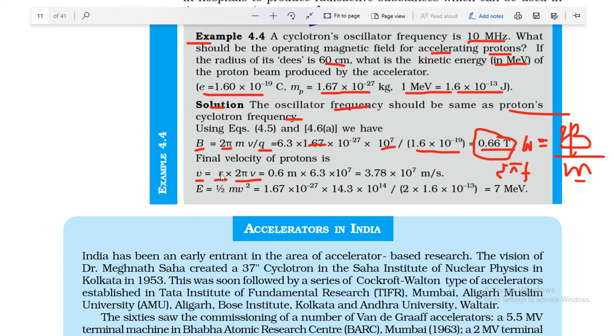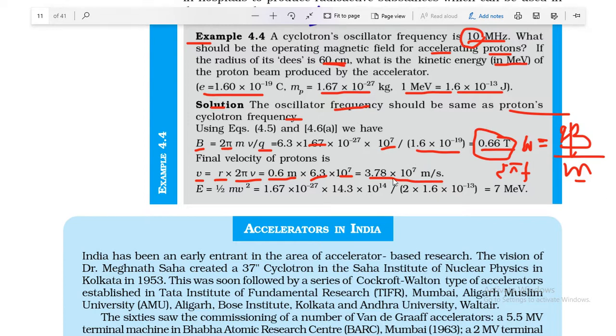Here R is given, 60 centimeter, so in meter 0.6, then 2 pi nu, where 2 pi is 6.3 and nu is 10 to the power 7, given in the question as 10 megahertz. After solving this, you will get the velocity, that is 3.78 into 10 to the power 7 meter per second.